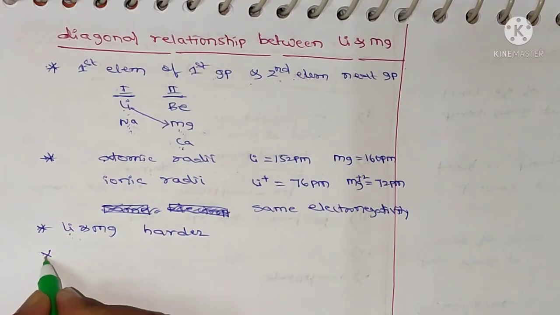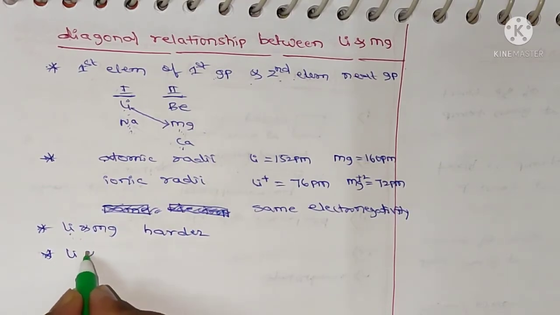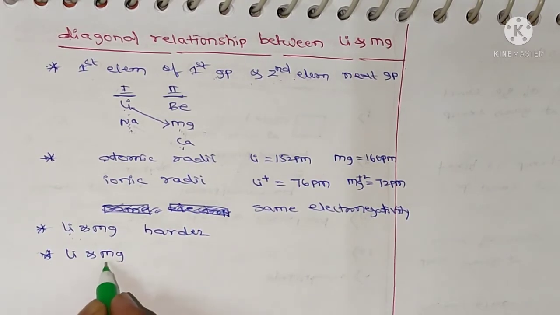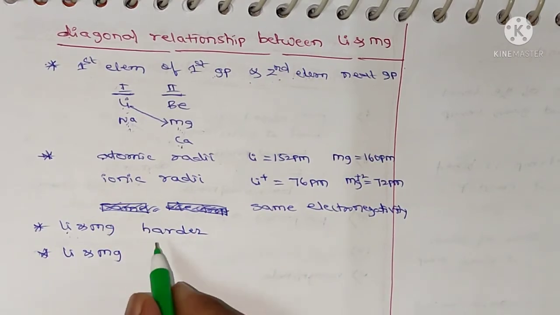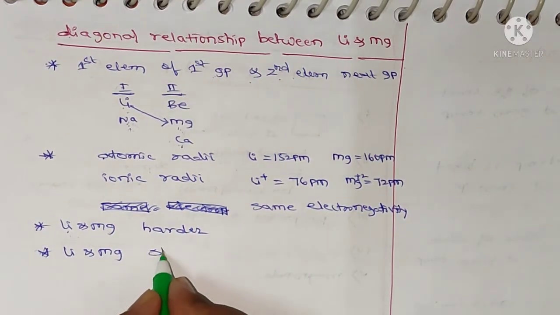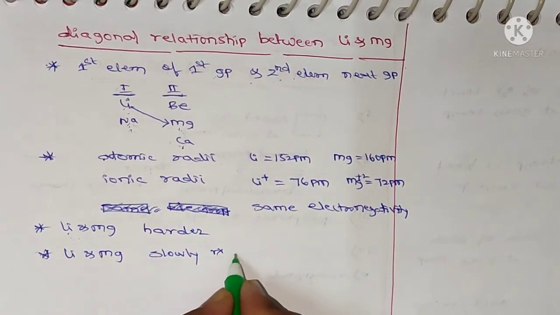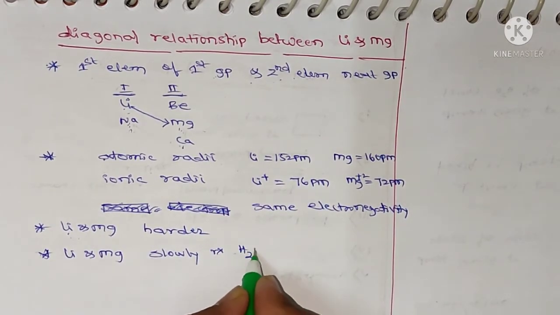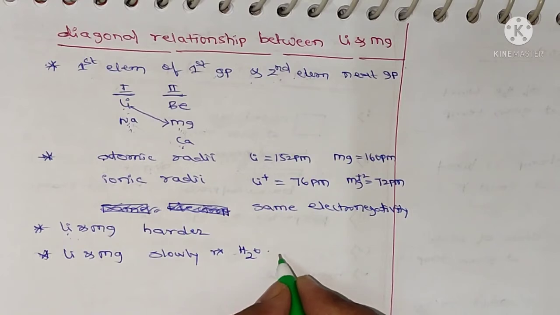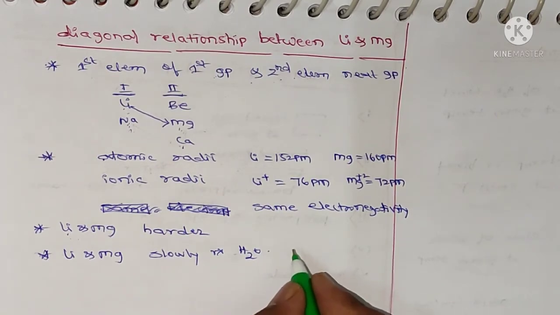And lithium and magnesium slowly react with water. And their oxides and hydroxides are much less soluble.